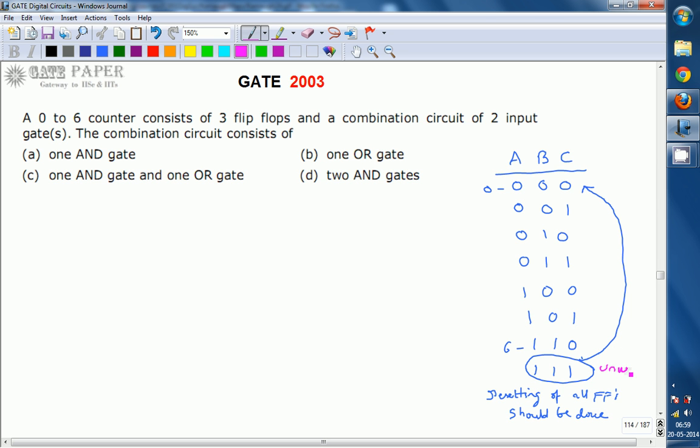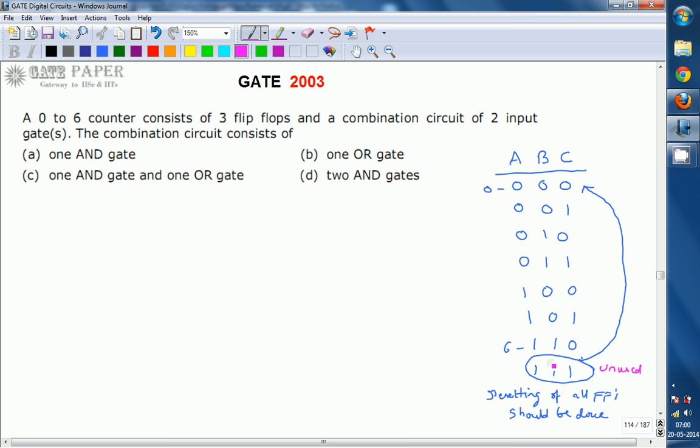Whenever the counter tries to enter the unused state, the asynchronous reset input has to be activated. That will make the output of the flip-flops 0 irrespective of the clock pulse. That's why it is called asynchronous: it is not synchronized with the clock pulse.